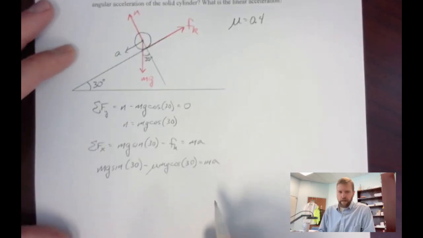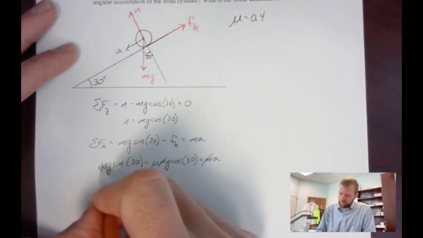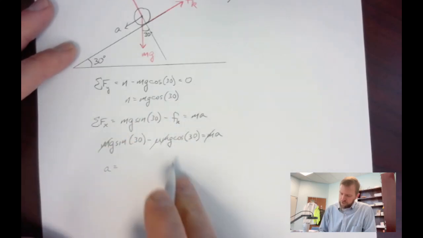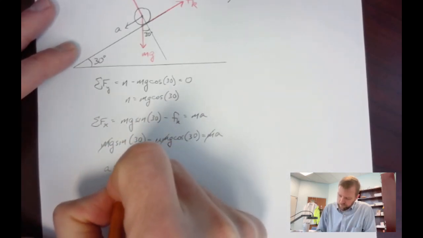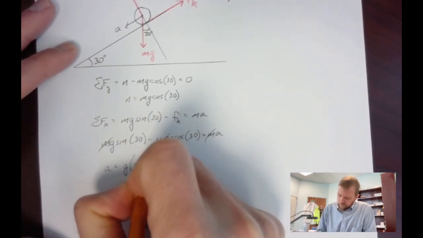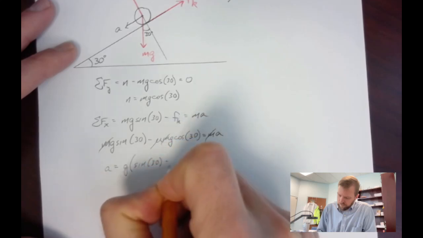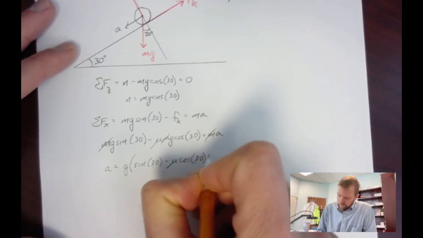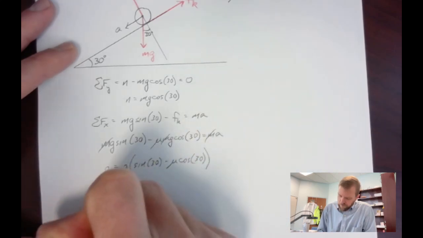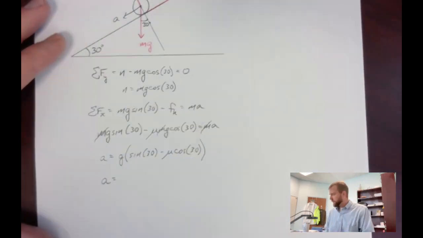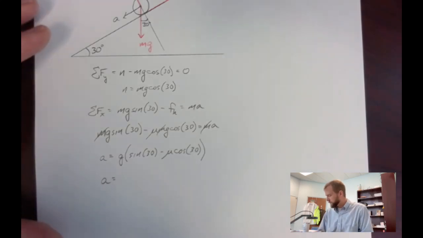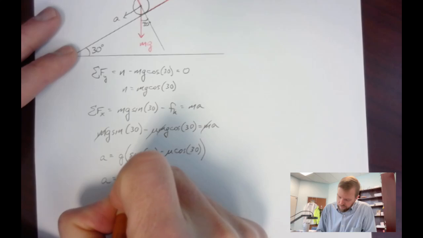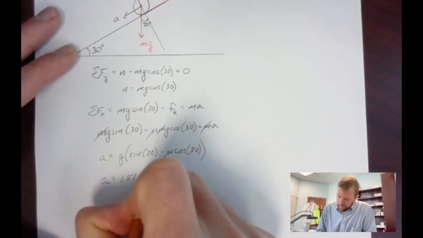All of the mass terms cancel. And then all we're left with is the acceleration. And the acceleration for this is, I got 1.51 meters per second squared.